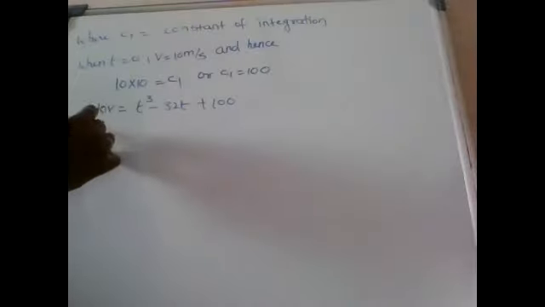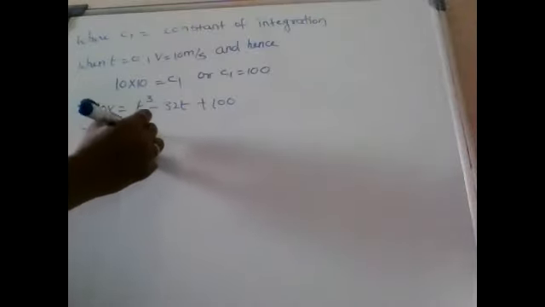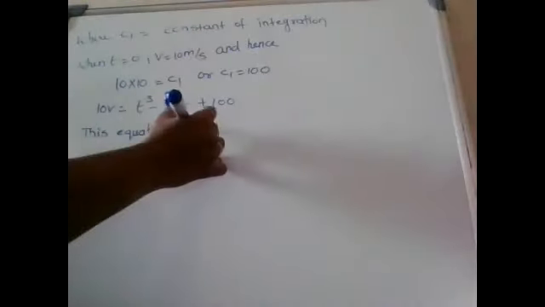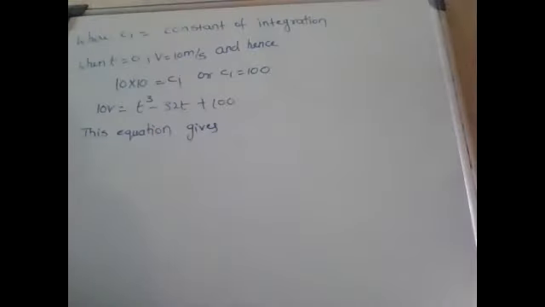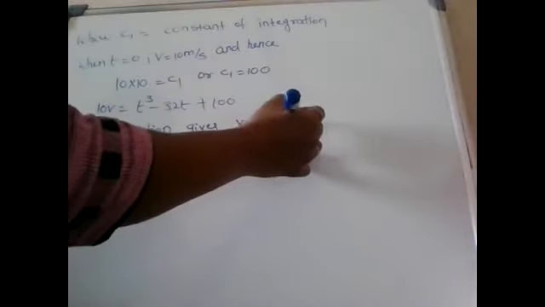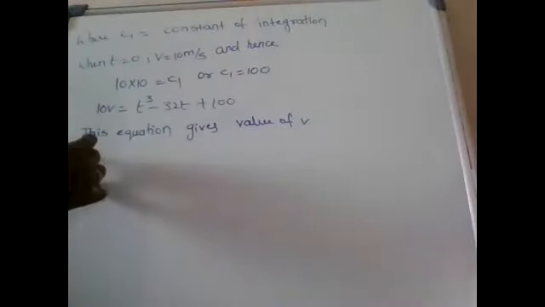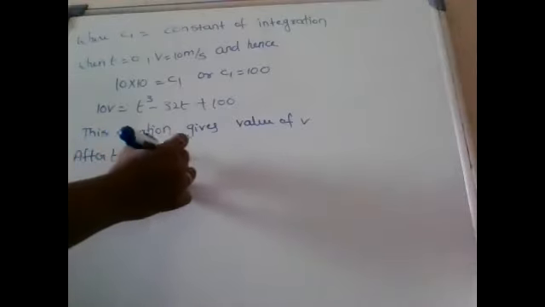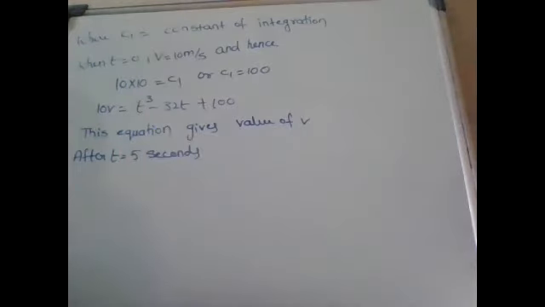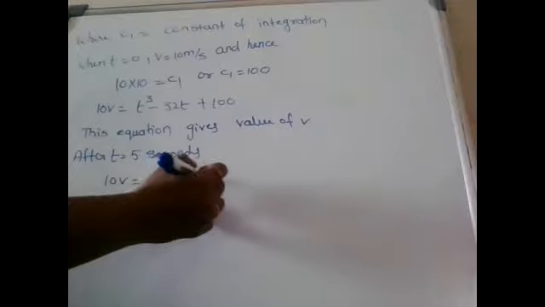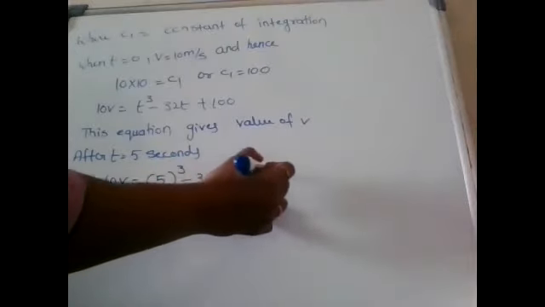This equation gives the value of v after t equal to 5 seconds. 10v equal to, here t cube means 5 cube, minus 32 into t means 5, plus 100.